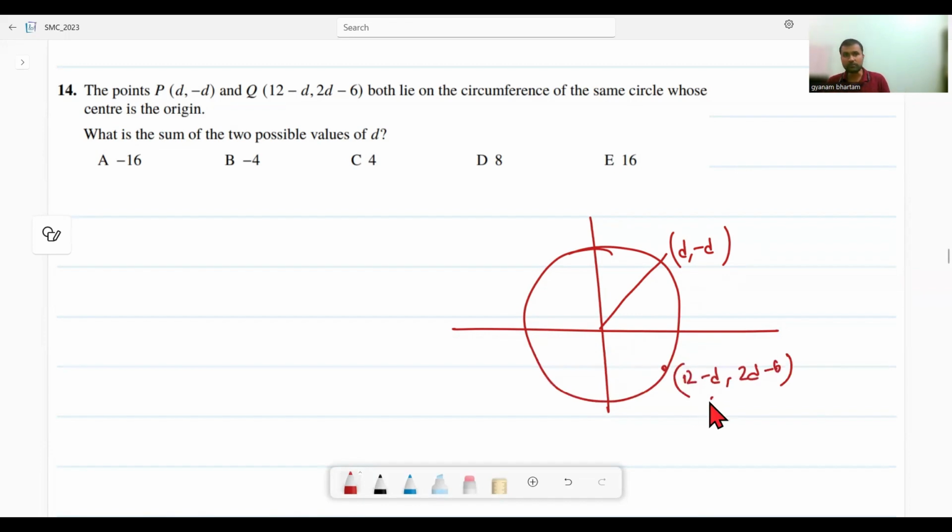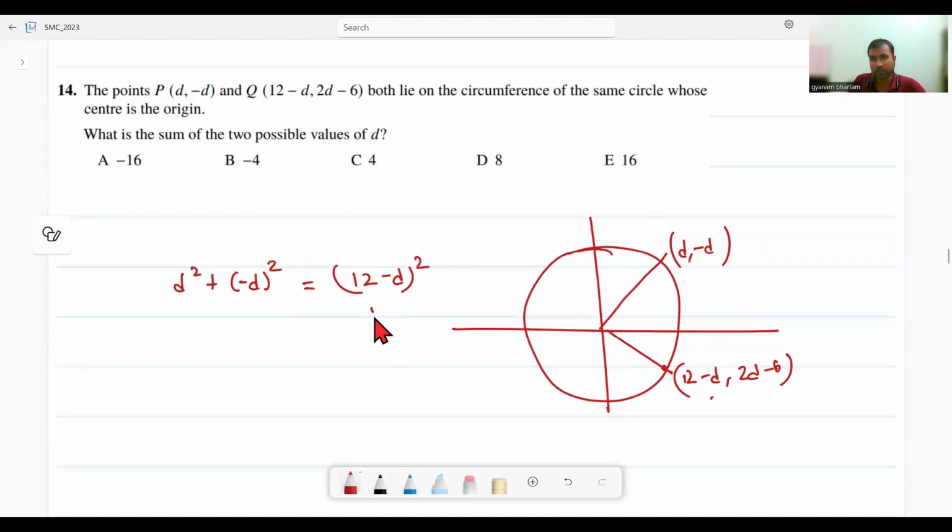Now we can find the value because the radius is going to be equal. So d square plus minus d square is going to be equal to 12 minus d whole square plus 2d minus 6 whole square. Okay, so this is what we have. From the center, from the origin, the distance is a square plus b square only.